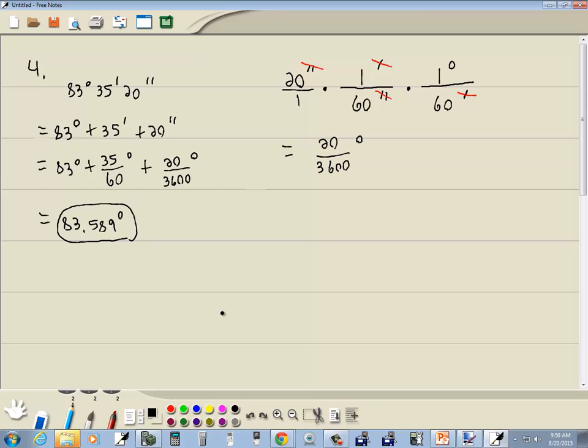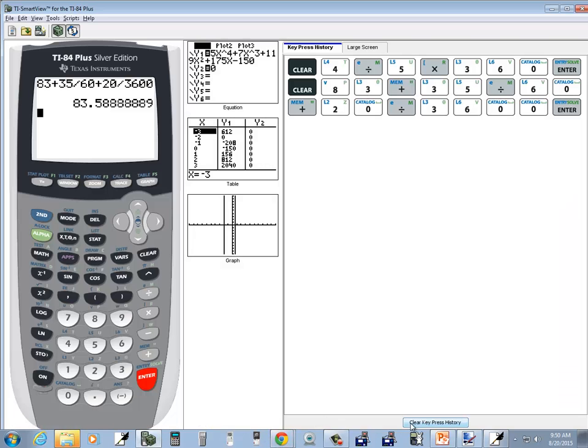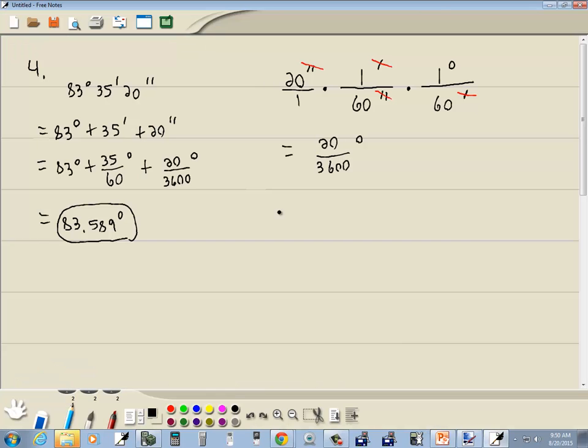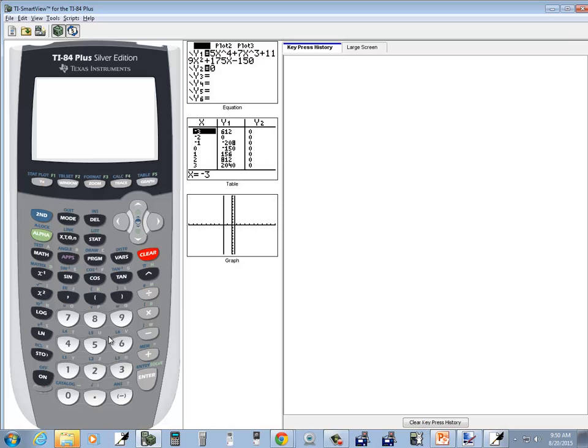Okay. Let's take a look at this on the calculator. So we're going to type this in here. Okay, so I got 83 degrees. So I'm going to do 83. And there's an angle. To get to it, we do second and then the apps.